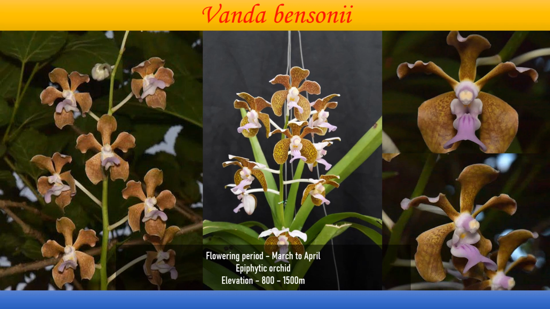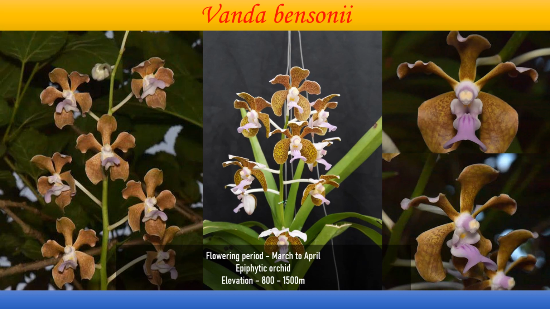And one more thing is that its flowering period is from March to April, but in Vanda tessellata it is June to July. And the elevation is from 800 to 1500 meter. And in India, you will find it in Manipur and Nagaland. Till now, it is only reported in these two places, and it has very little exploration work in India.